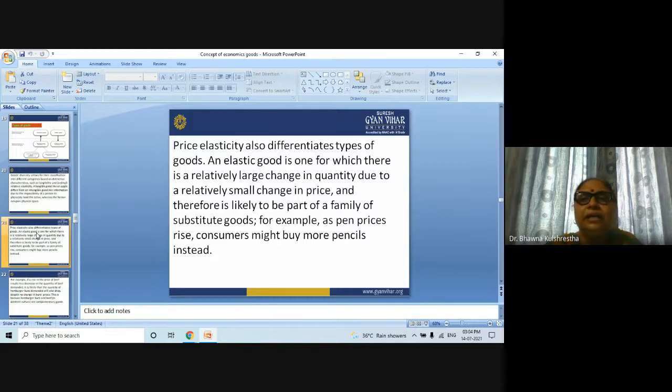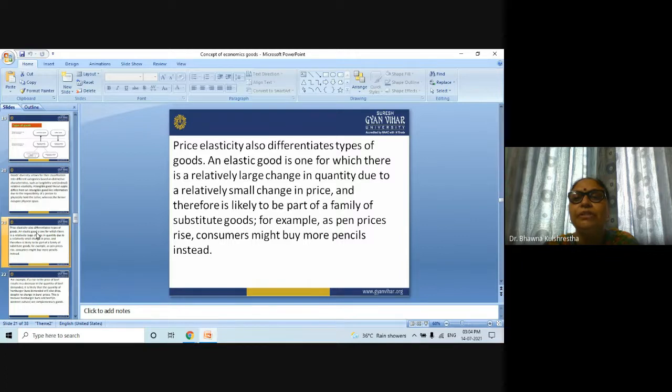And an inelastic good is one for which there are few or no substitutes, such as tickets to major sporting events and original works by famous artists and prescription medicine such as insulin.